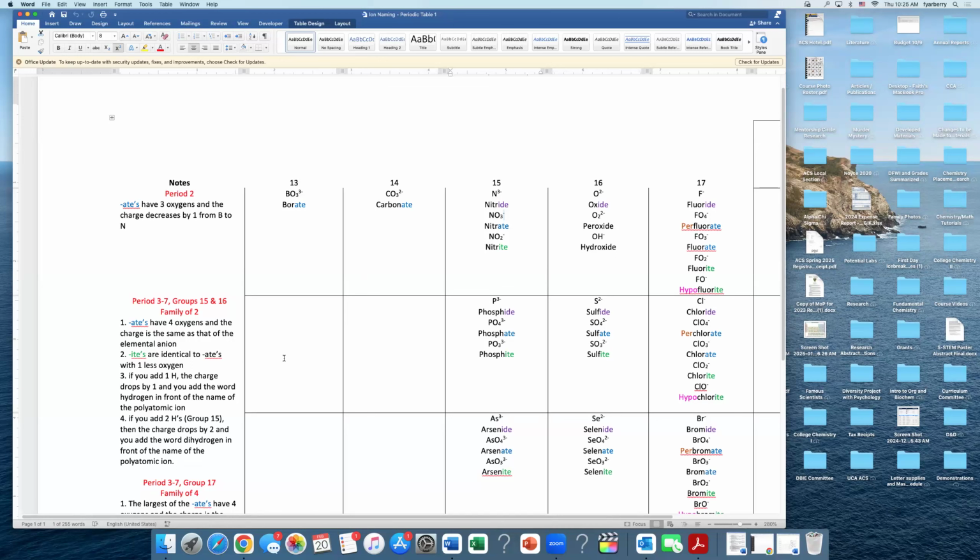First of all, the ATEs: in period 3 on, the ATEs will have 4 oxygens. So period 2, the ATEs had 3 oxygens. Period 3 on has 4 oxygens.